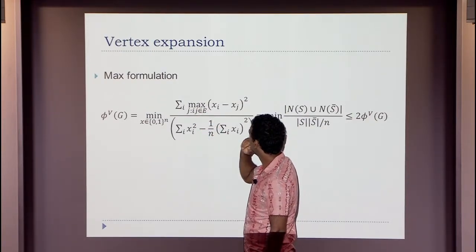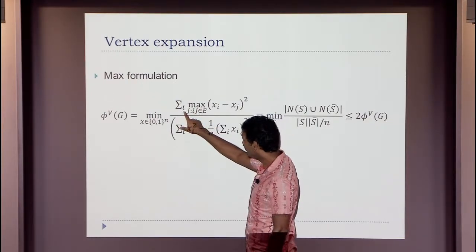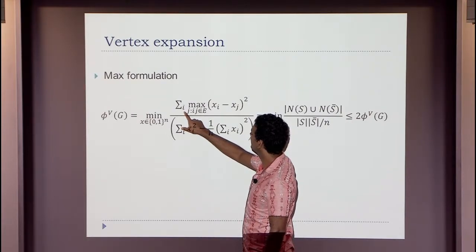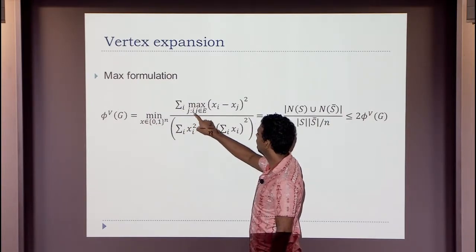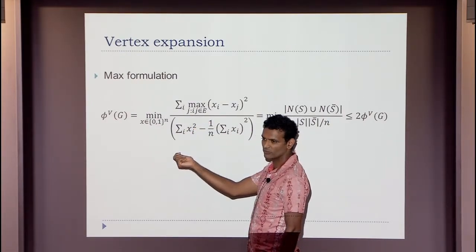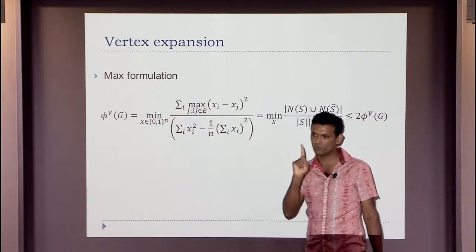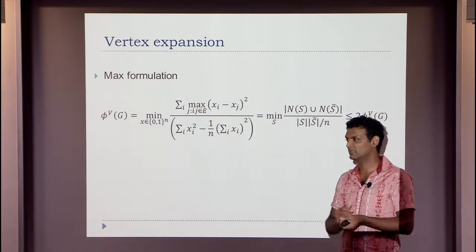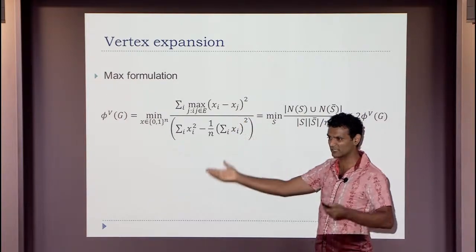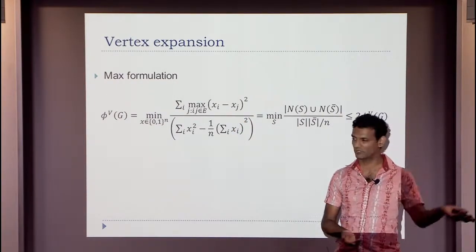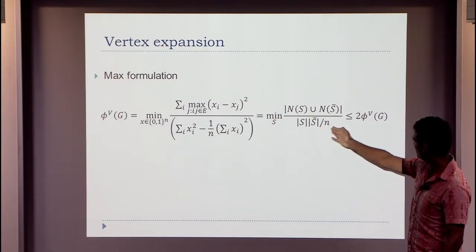In the numerator, for every vertex i, you look over all j and check whether there is at least one edge going across. If there is, at least one of these terms will be 1, and you only count the max. So you count once for every vertex that has a neighbor on the other side. This is the symmetric vertex expansion, and that's exact.